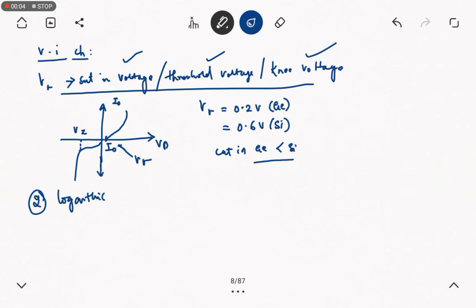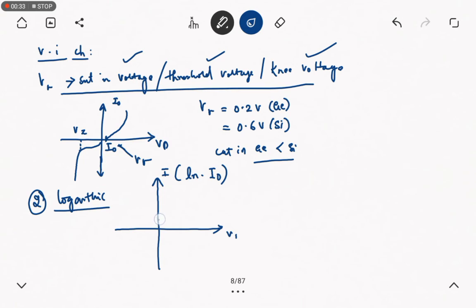Logarithmic characteristic. We can represent this logarithmic characteristic like this: voltage versus current. Since this is logarithmic, we are representing this as ln of ID, that is logarithm of diode current. So this is V, that is voltage.